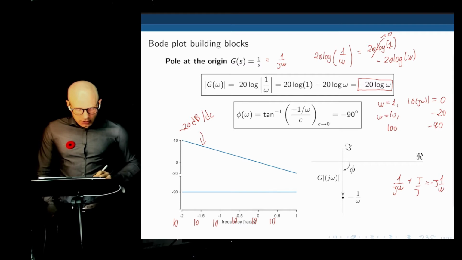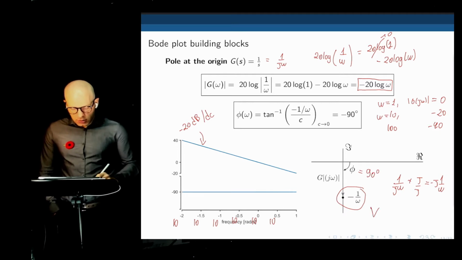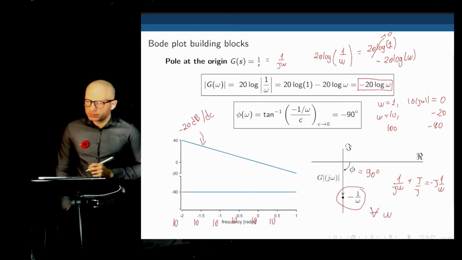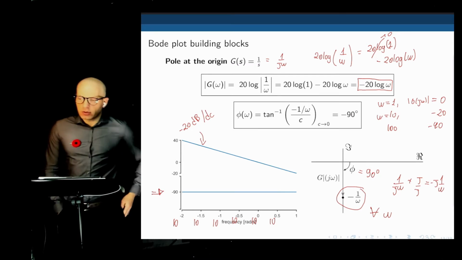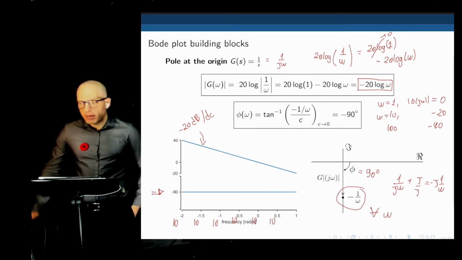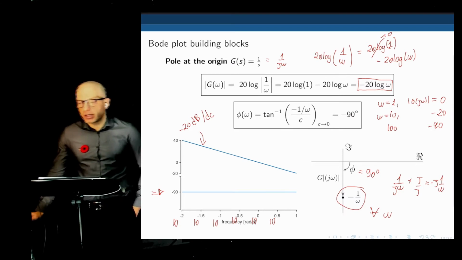So you see the real part is 0 and the imaginary part is negative 1 over omega. So this angle is always negative 90 degrees for all frequencies. Here we have the phase of a pole at the origin: the magnitude decreases by 20 decibels per decade, and the phase is always negative 90 degrees.